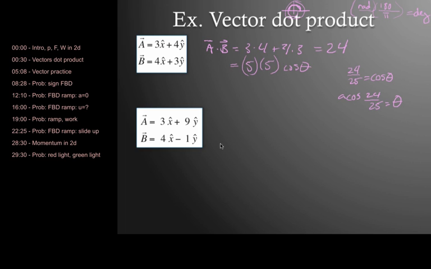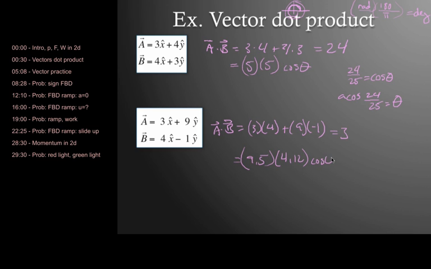So let's do another one. Here we got A dot B, and in this case we're going to get 3 times 4 plus 9 times minus 1. So that's 12 minus 9, so that's just 3. And then now let's look at the magnitudes, which you'll get when you take the magnitude of A is 9.5, so just use Pythagorean theorem. And then the magnitude of B is going to be 4.12.